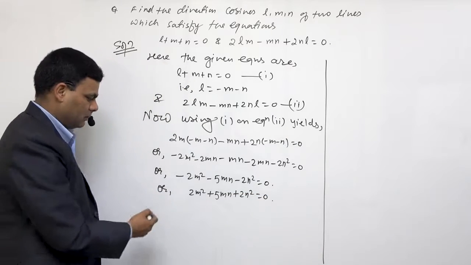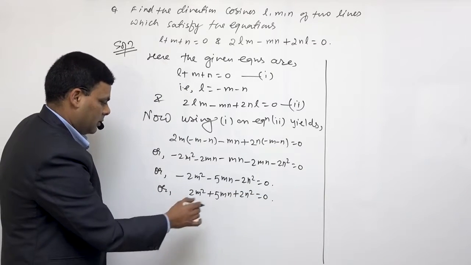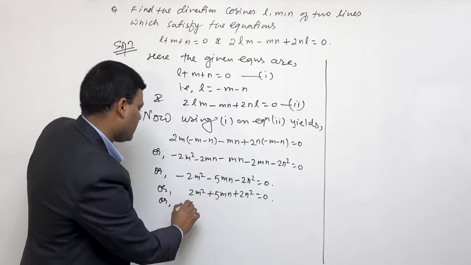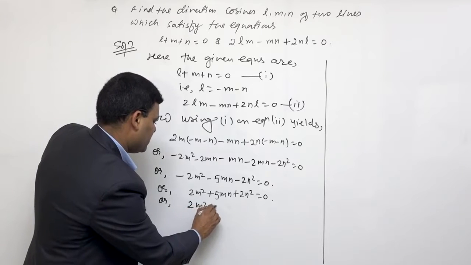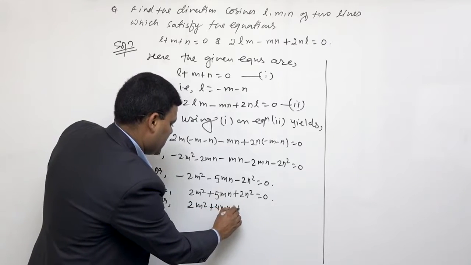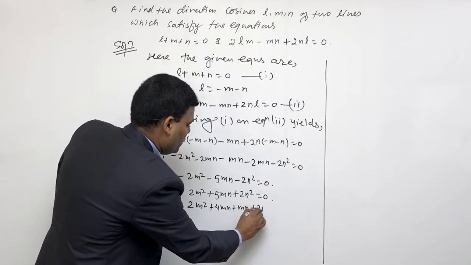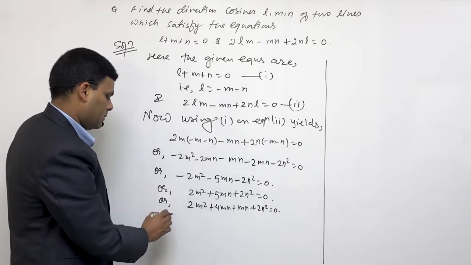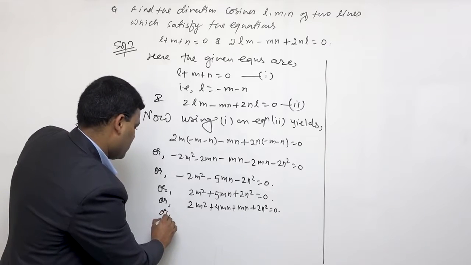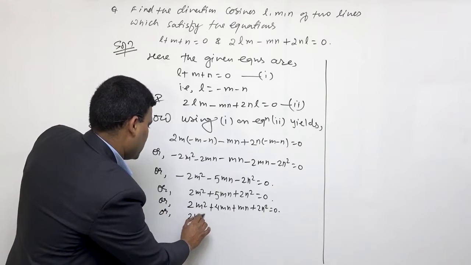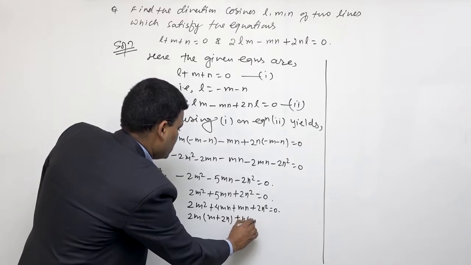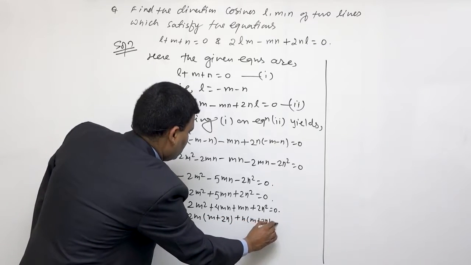Now let us simplify and factorize this, or 2m square plus 4mn plus mn plus 2n square equals to 0, or taking 2m common, m plus 2n, and n common, m plus 2n equals to 0.